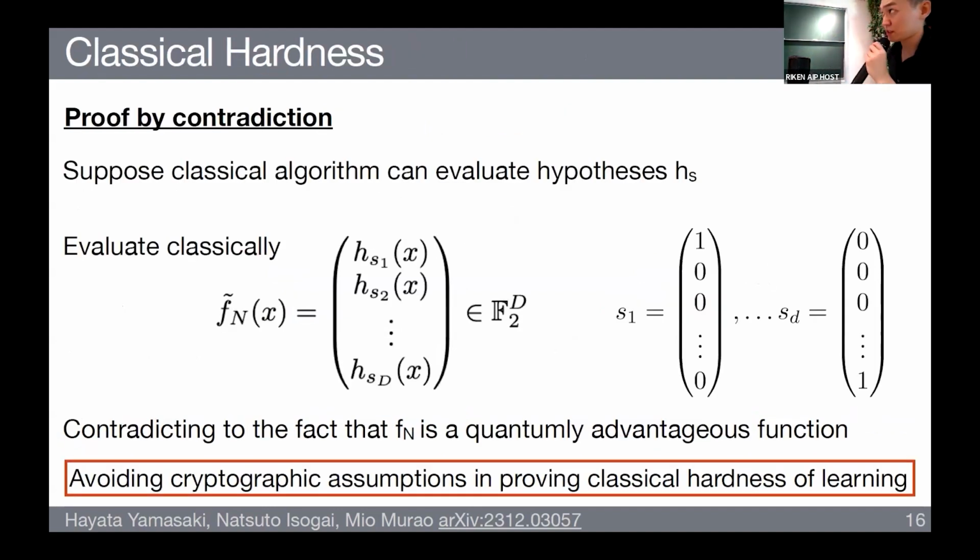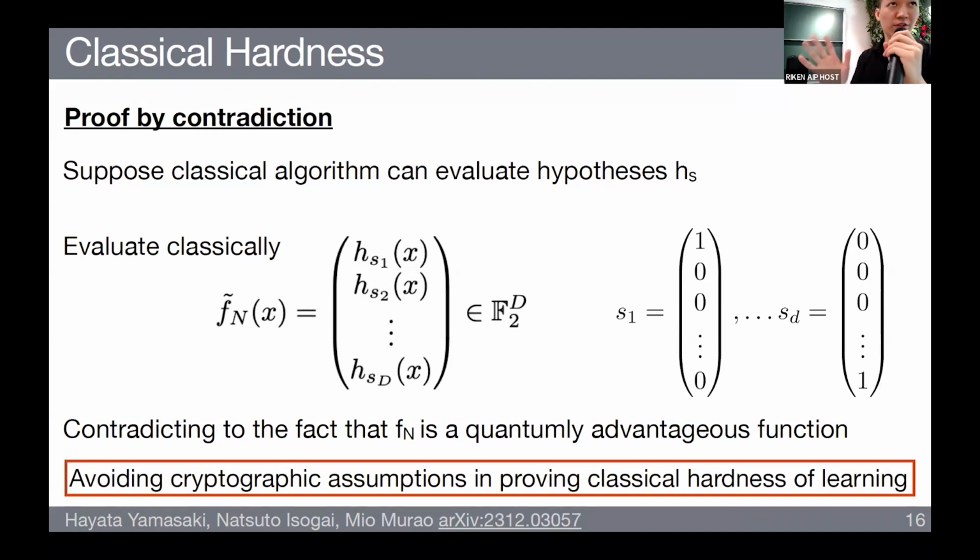So another difficult part, another challenge in quantum machine learning, is how to show classical hardness. Basically, we can show classical hardness for the learning task by contradiction. So what we can show is that if we can learn and evaluate some hypothesis for this learning task, we would be able to compute the quantum advantage function classically, which is assumed to be impossible.